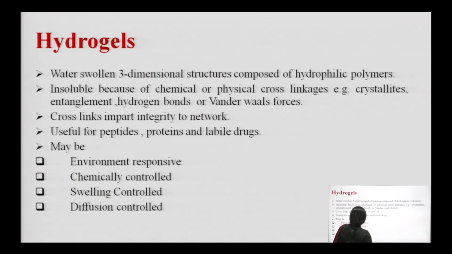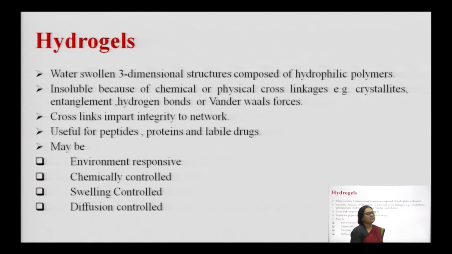Now, due to this extensive cross-linking or gel-like network, they will exhibit slow release of highly dissolving drugs. Secondly, they will offer protection to hydrolyzable type or unstable drug molecules like peptides, proteins and labile molecules.